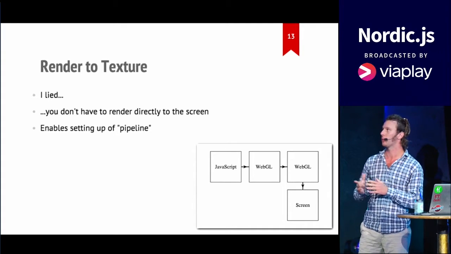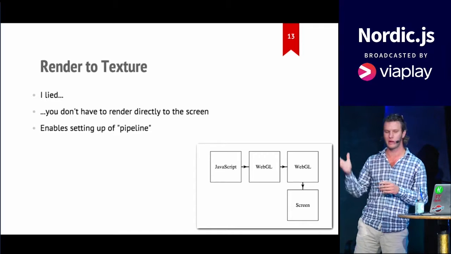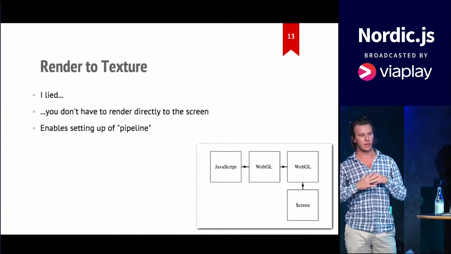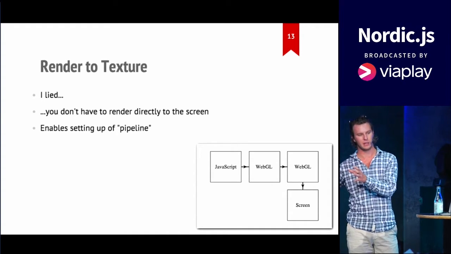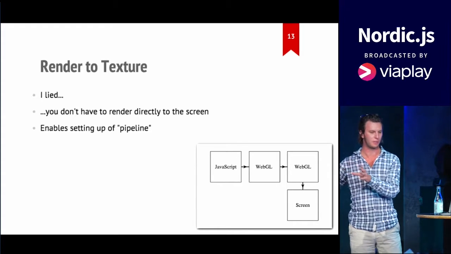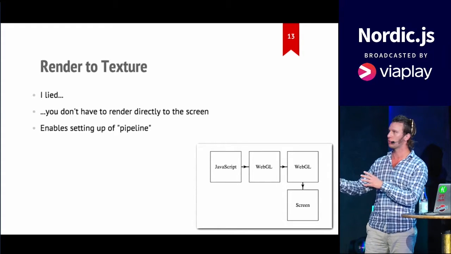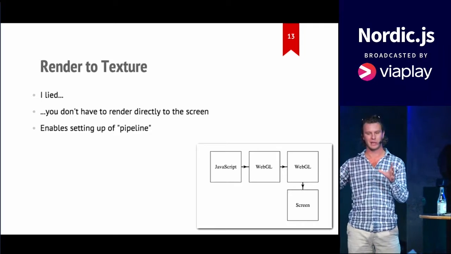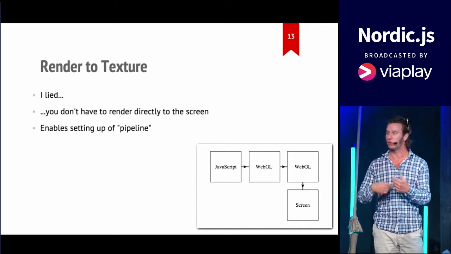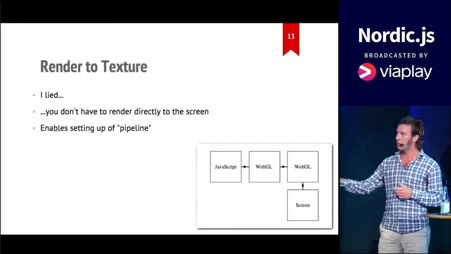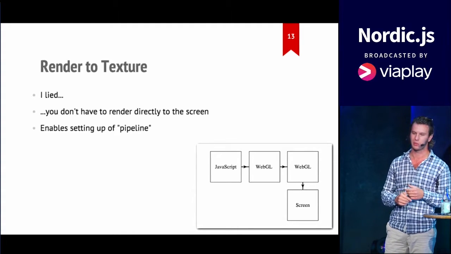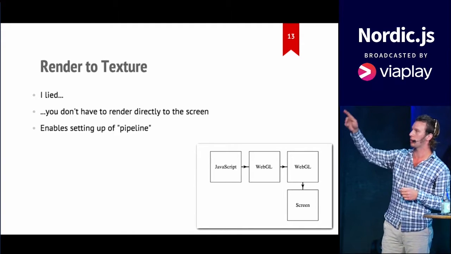But you can actually do this quite interesting technique called render to texture, where rather than rendering to a screen directly, you just render to another texture. So this can be something that's off-screen, or you can just think of it as a massive array of data, a two-dimensional array. And you can actually read this back from JavaScript. So if you wanted, you could have JavaScript, WebGL, JavaScript.